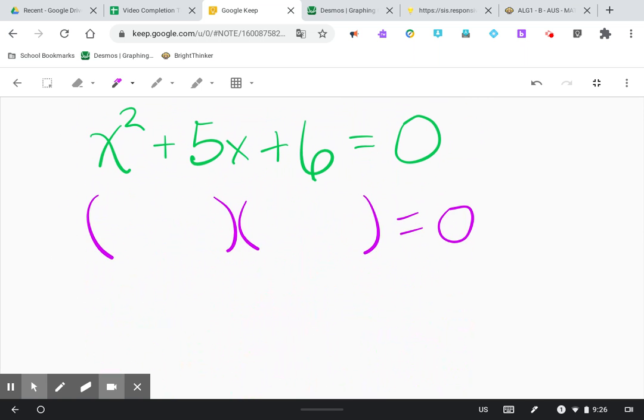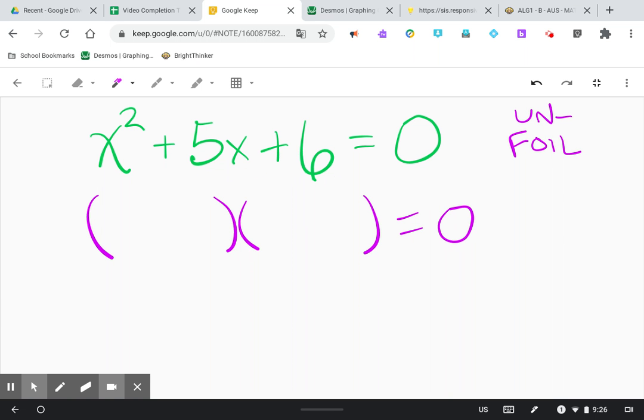I'm not going to go into all the detail because, again, this is covered in the first half of the algebra course. But when I factor this, I'm doing the opposite of the FOIL method, in the sense I'm doing unfoil. I am trying to find the things that multiply to make this expression.